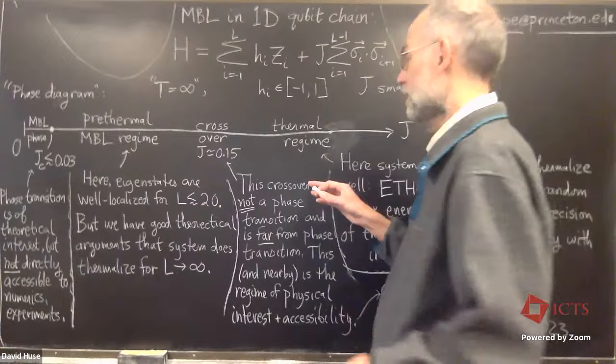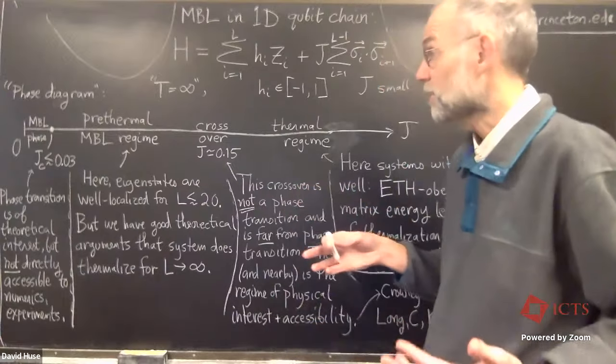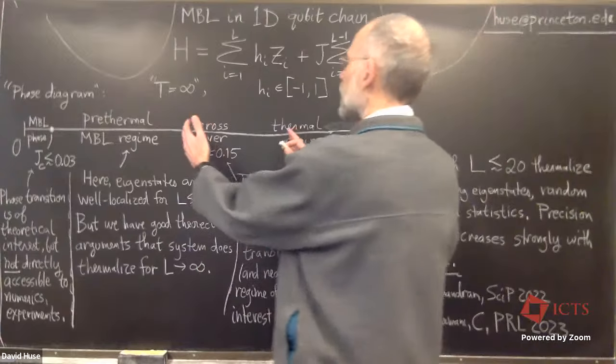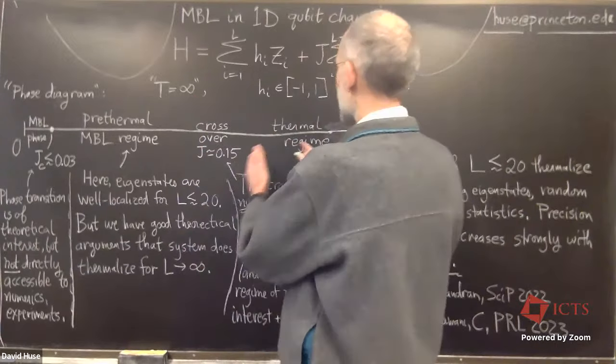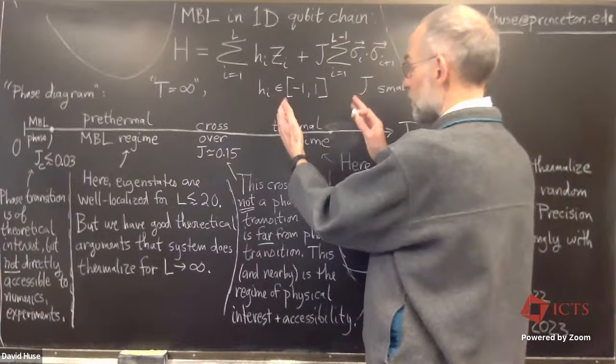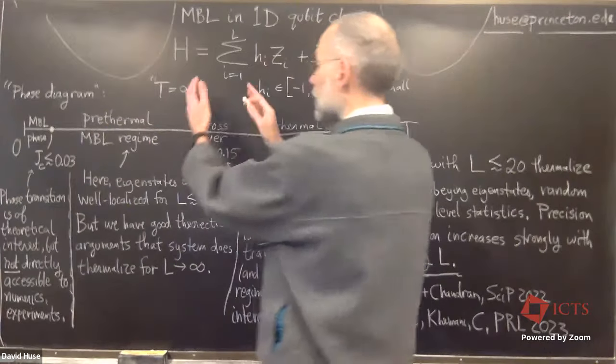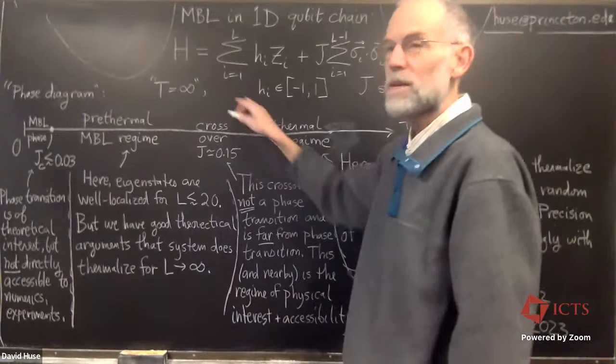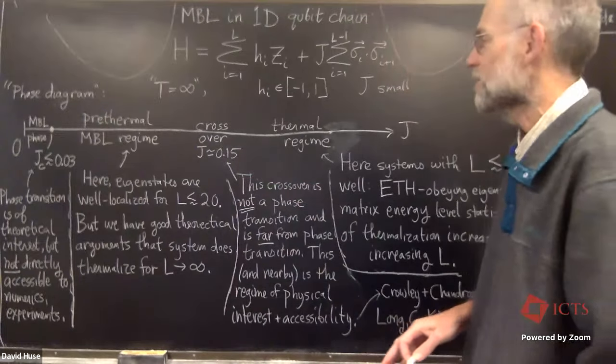And then in the history of this subject, for many years until quite recently, people were looking for the phase transition here. Because of course you do the numerics, you see thermal behavior, MBL behavior, and you'd think the phase transition is here. But it never quite made sense as a phase transition.